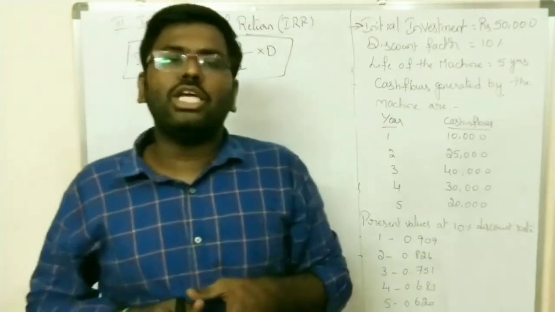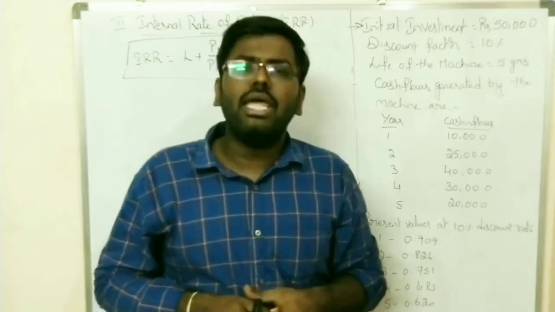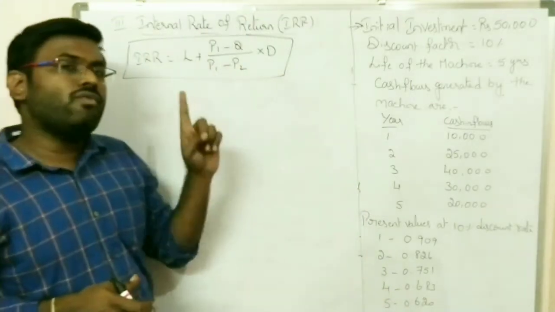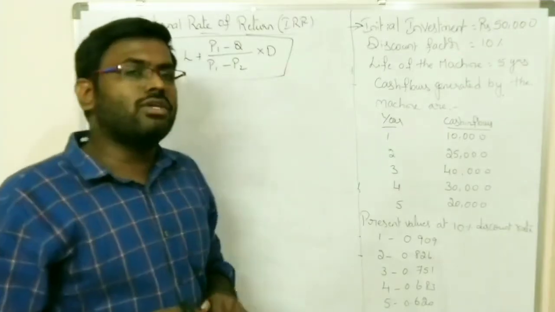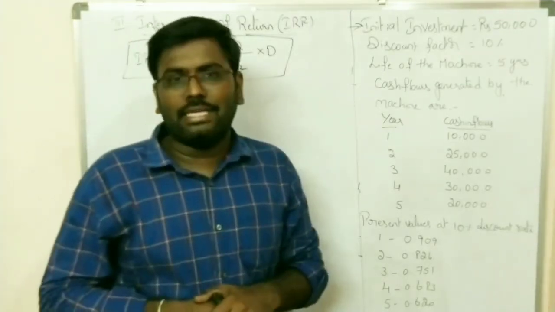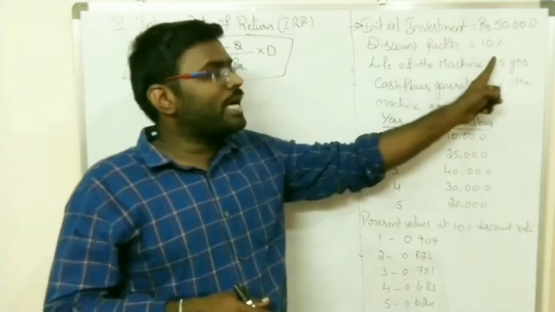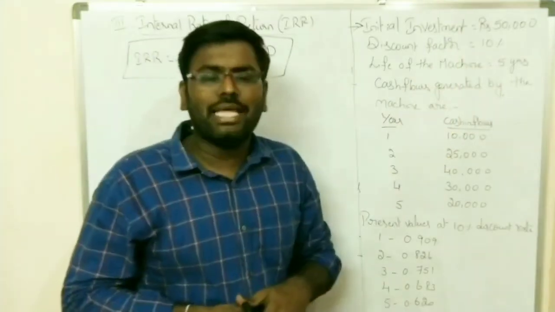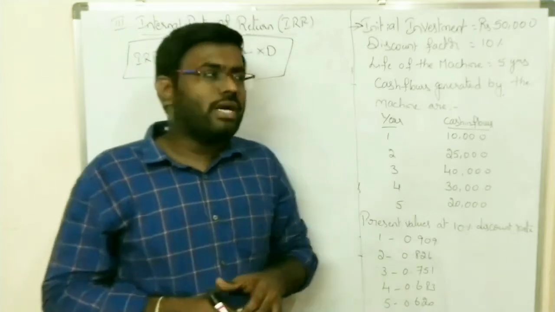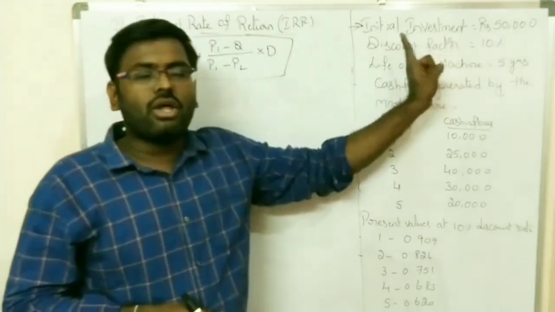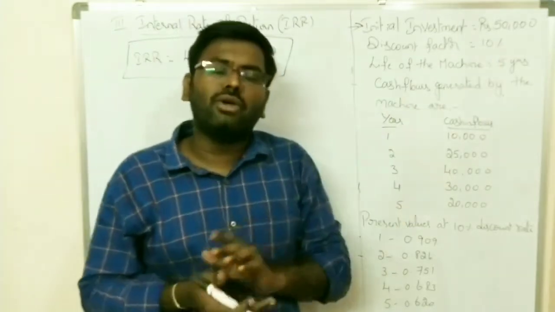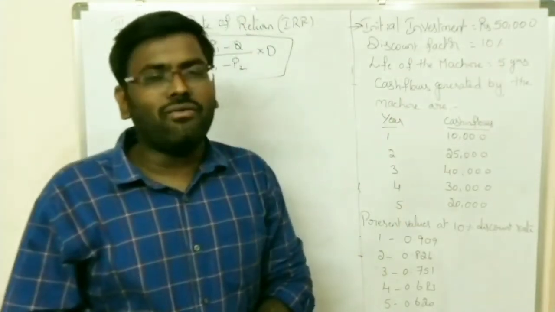In the calculation of internal rate of return, we require two rates, that is P1 and P2. We have to calculate present values at two different rates. But in the problem we are given only one discount rate. So first, with whatever discount rate is given, we have to calculate the NPV value.